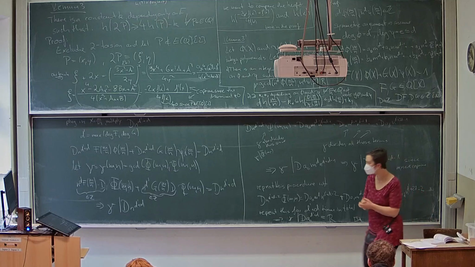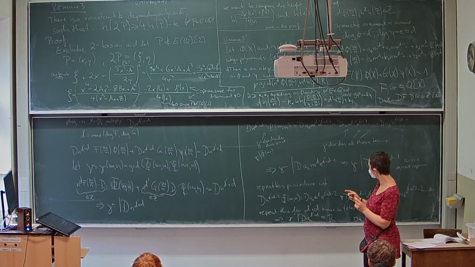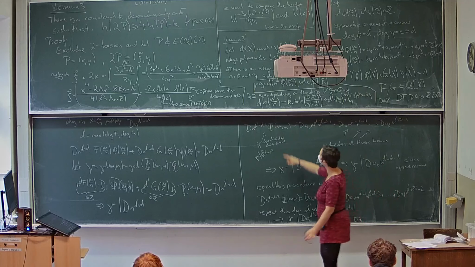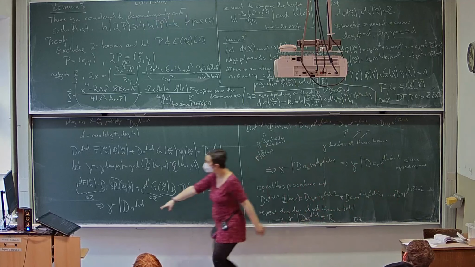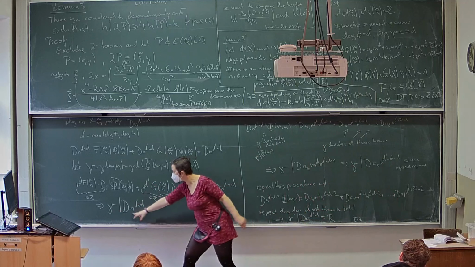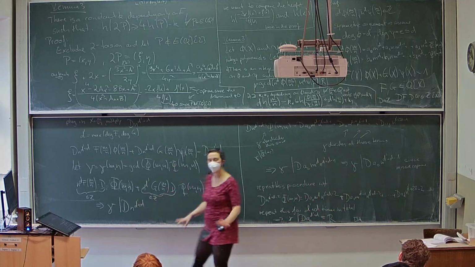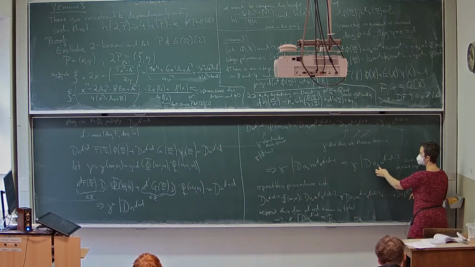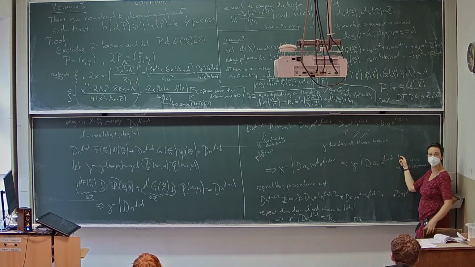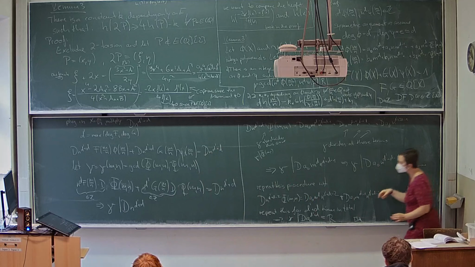Why is a0 to the power of d prime plus d? Because what we did here was we went from gamma divides something n to the d prime plus d to gamma divides a0, and here the exponent is reduced by 1.